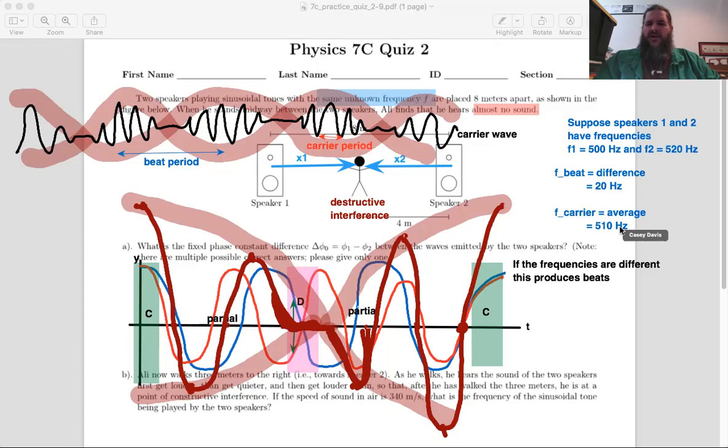Any other questions on beats so far? And that does count as interference. It's a very unique kind of interference that only happens when the frequencies of the two sources are different. And the really unique thing about it is that it is time dependent. All the other kinds of interference we're going to be looking into, time doesn't matter.